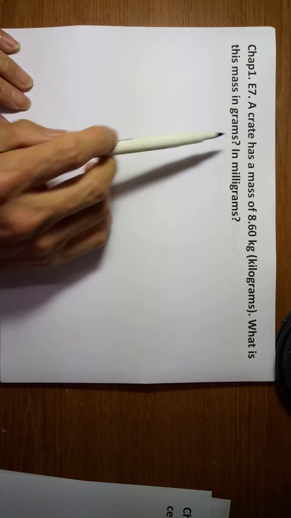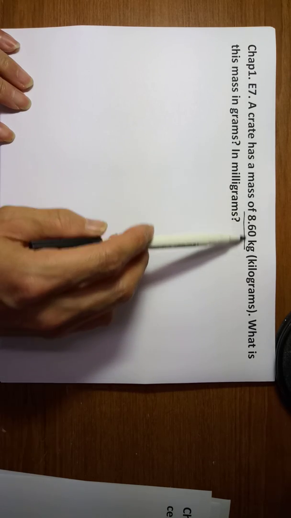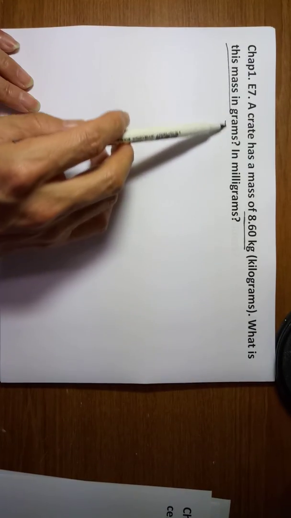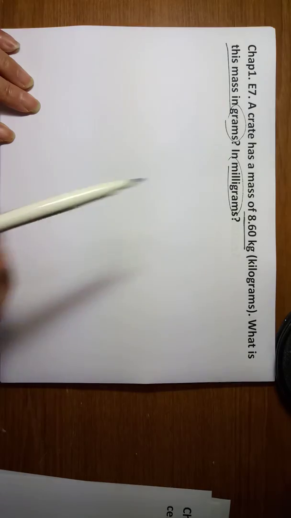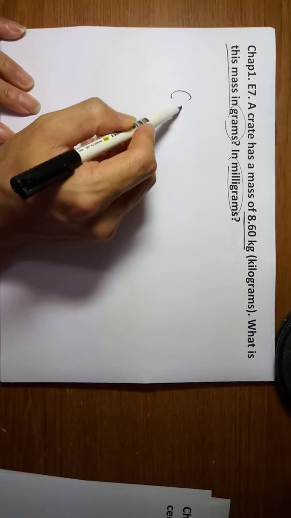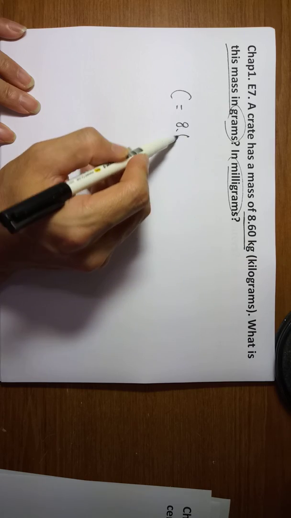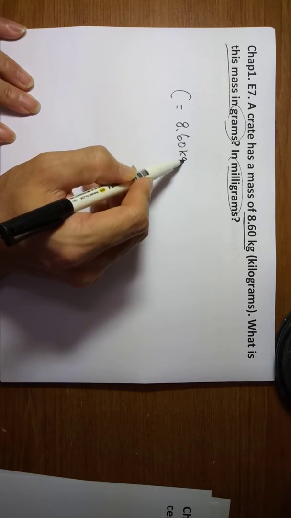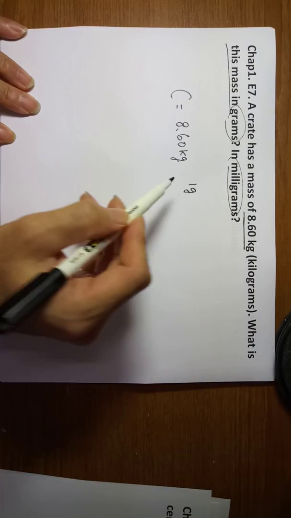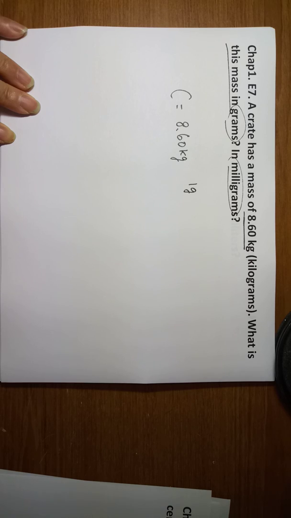Hello, let's continue. Chapter 1 E7, a crate has a mass of 8.6 kilogram. What is it in gram and milligram? Okay, so crate equal 8.60 kilogram, and gram, 1 gram is how many kilogram?